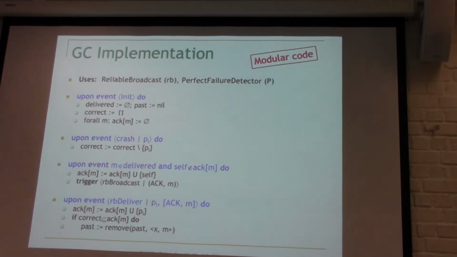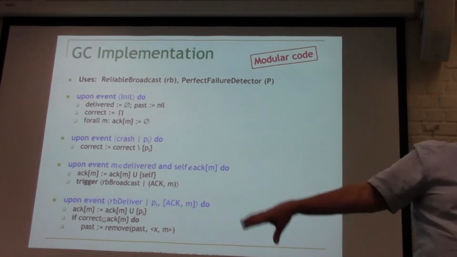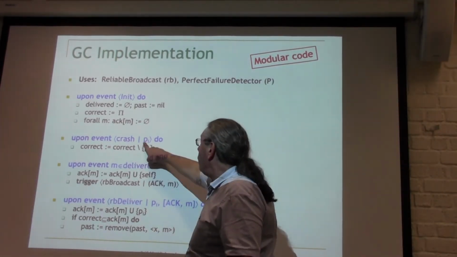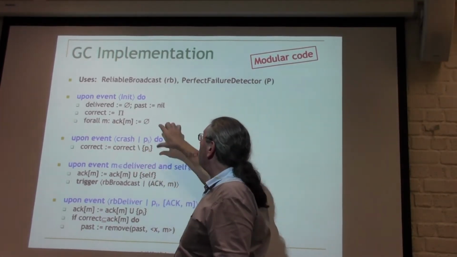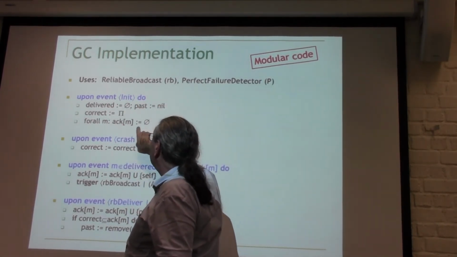So here's the code. This code is modular, so we just add it to the code we've already done. We have a few extra things: the crash event from our perfect failure detector, and a few local variables.